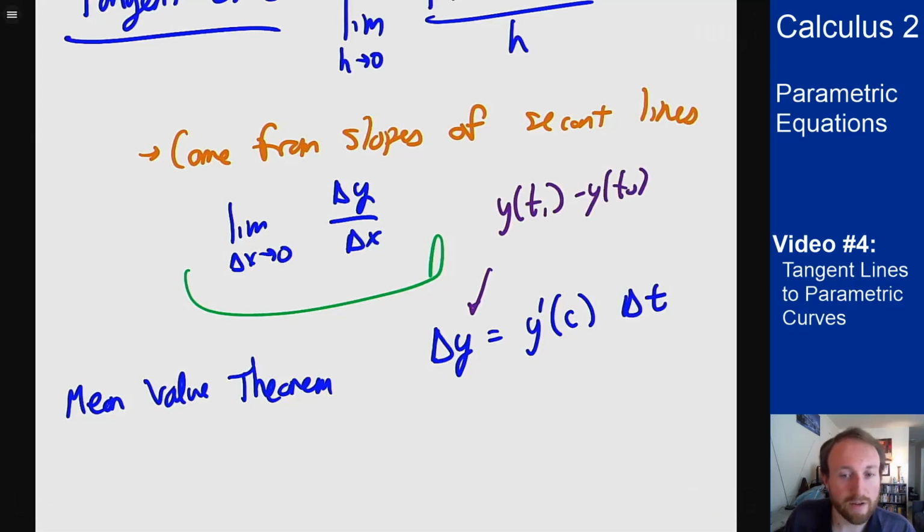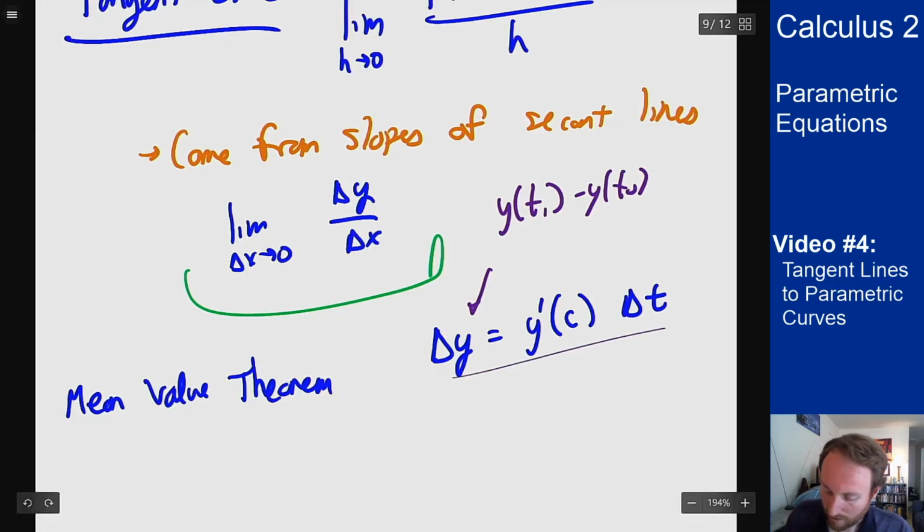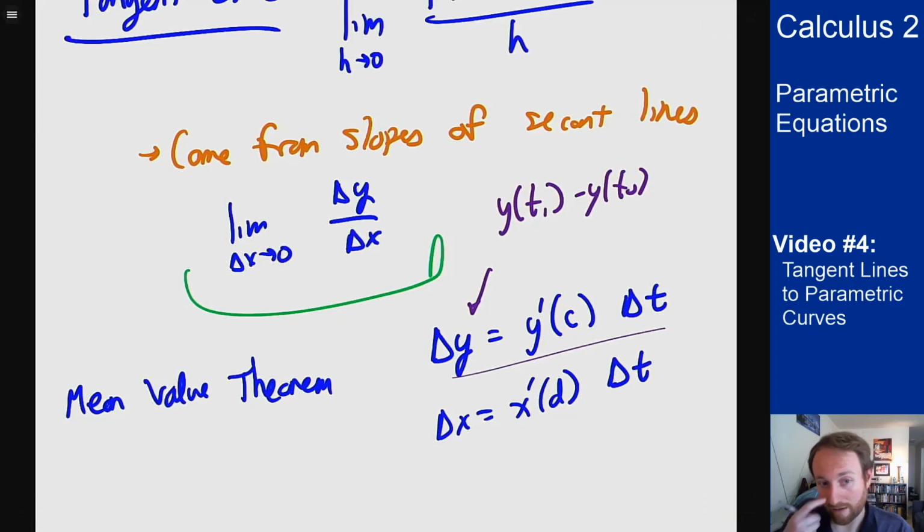It's a change in y values at two different points of t. So I can replace that by y prime of c delta t. I can replace my delta x in the same way by an x prime at d times delta t, where I know c and d are between my two t values.